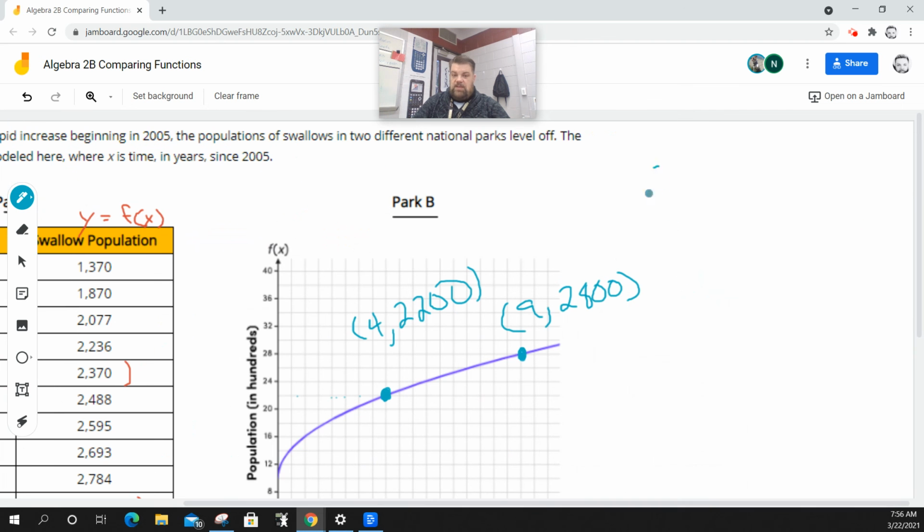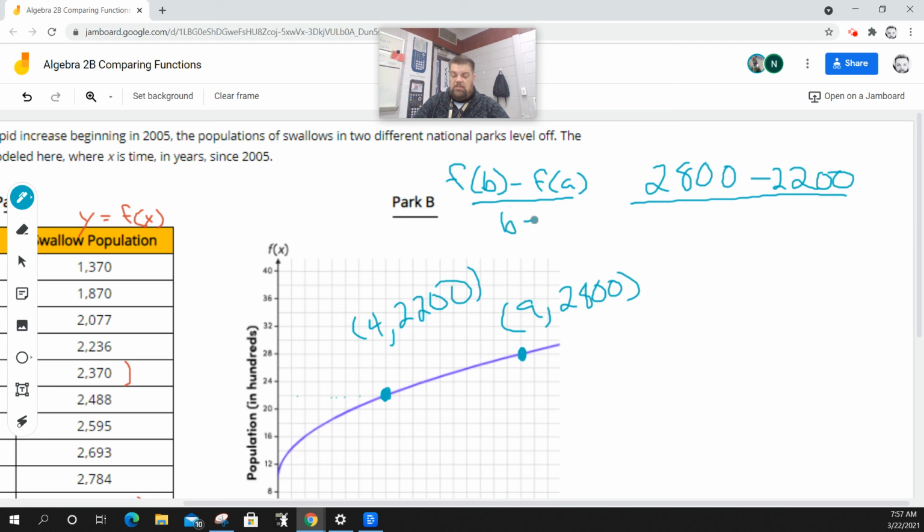So I'm going to take 2800 minus 2200 all over. Remember, we got to do f of b minus f of a all over b minus a. So this is a, this is b, this is f of a, and this is f of b.